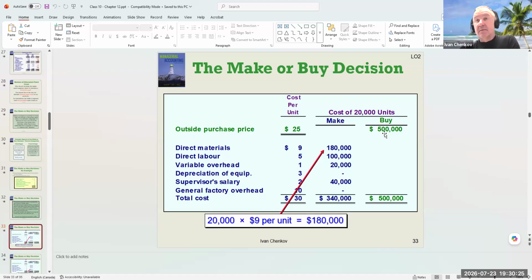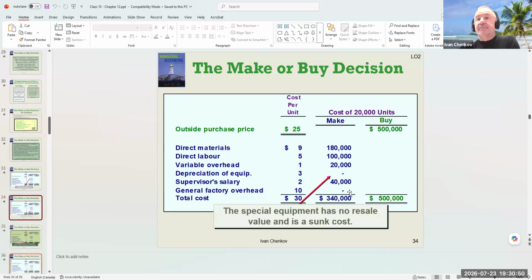If I buy it, I have to pay $500,000, or 20,000 times 25. So the difference is 160. Where does that difference come from? We have 25 versus $17. That's $8 per unit. Over 20,000, that's $160,000 right there.